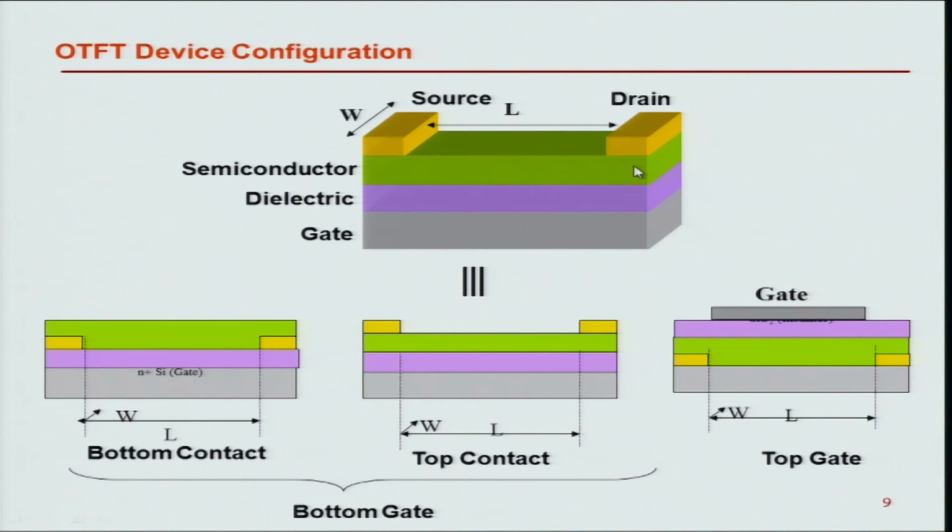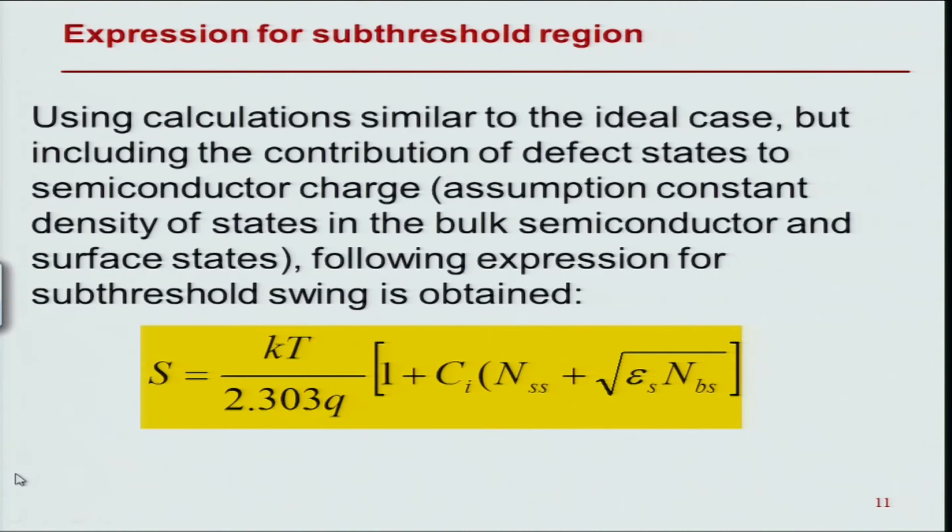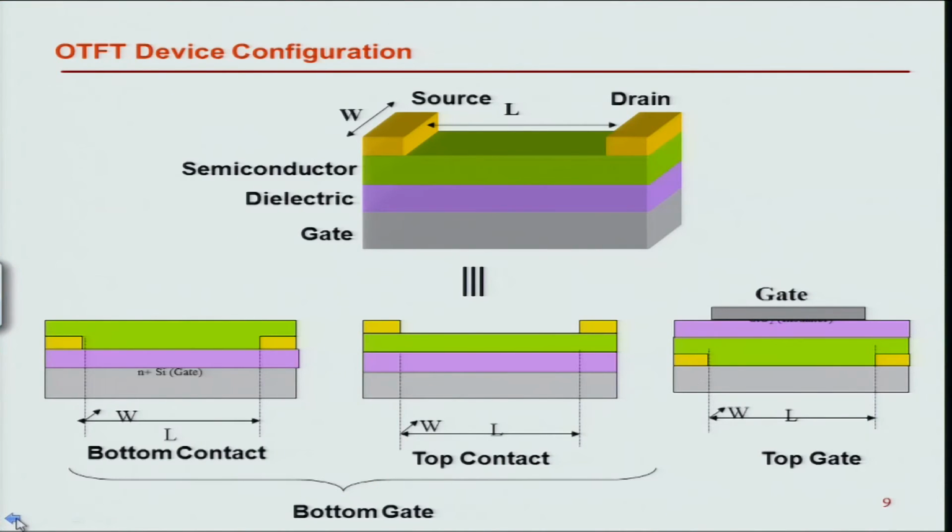I can have a configuration in which my source and drain are at the top, and this is known as the top contact OTFT. I can have another configuration in which the source and drain are deposited at the interface between the dielectric and the semiconductor, and that is known as the bottom contact OTFT.